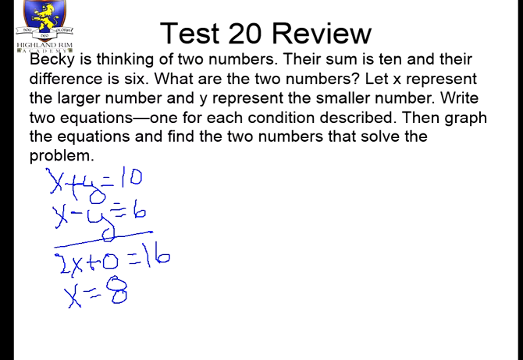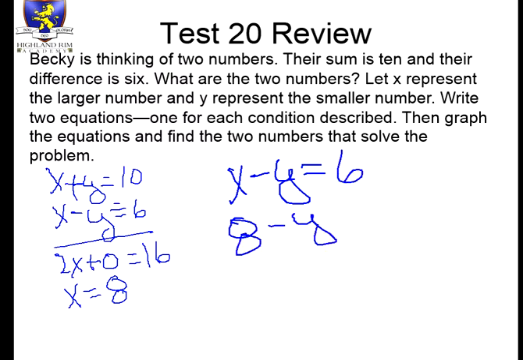So we pick either one we want and we can put it back in, and we'll pick the x minus y equals 6. If we have x minus y equals 6, x is 8, so we have 8 minus y equals 6. So we subtract 8 from both sides.